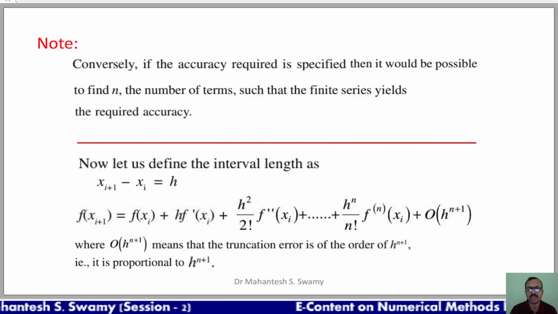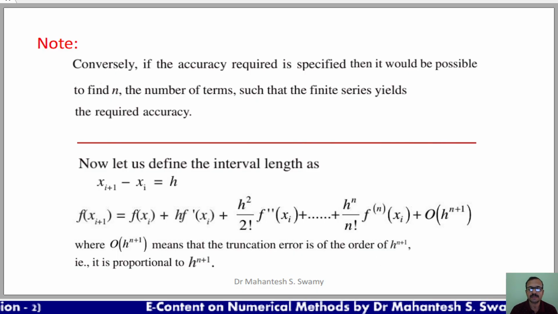So that is why we end our series with the notation O of h to the power of n plus 1. It means that the truncation error is of the order of h to the power of n plus 1. You will come to know the value of h, its power n plus 1 will be the truncation error involved in the approximation of a function with the help of the Taylor series.